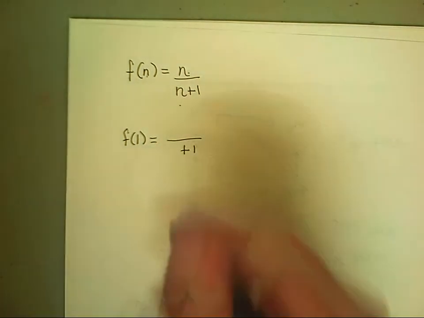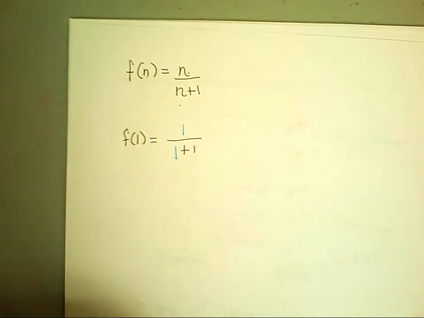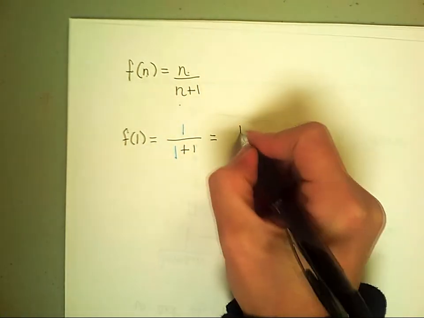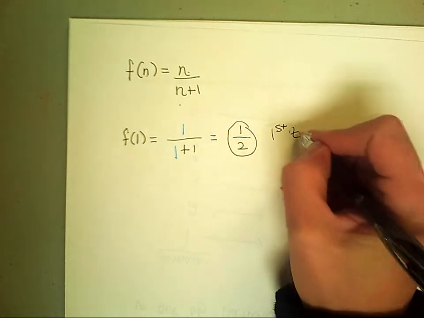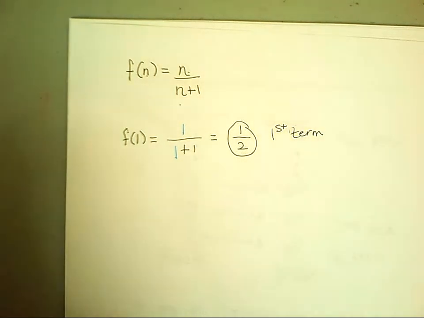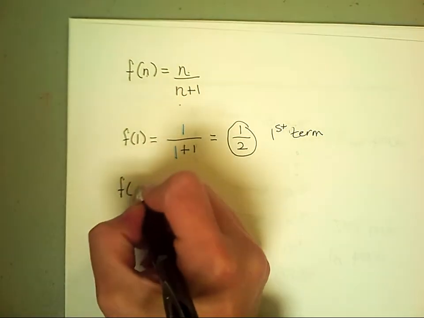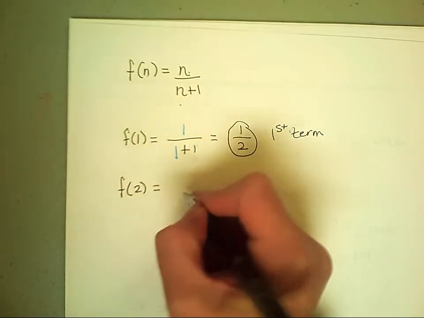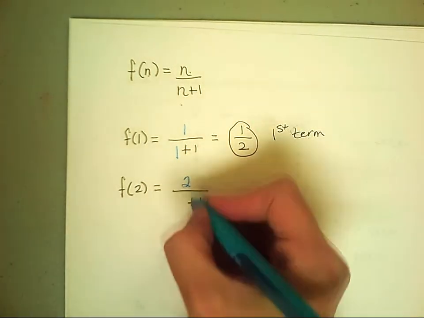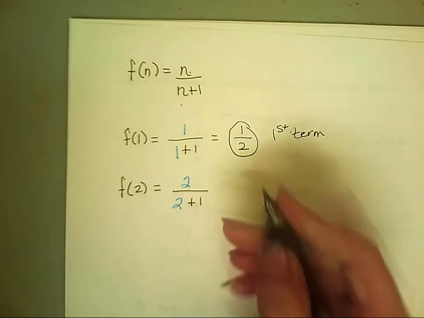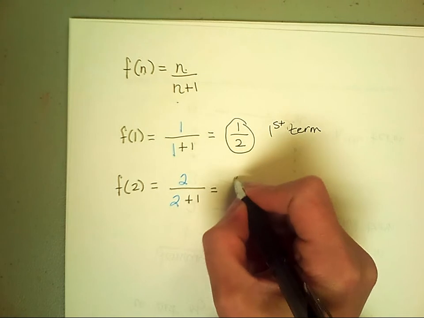Okay, so f of 1 is 1 over 1 plus 1, which is 1 over 2. So this is our first term. Let's find the first 5. Okay, so I need to find f of 2. So in f of 2, now I put in 2 over 2 plus 1, and then simplifying that, we get 2 over 3.